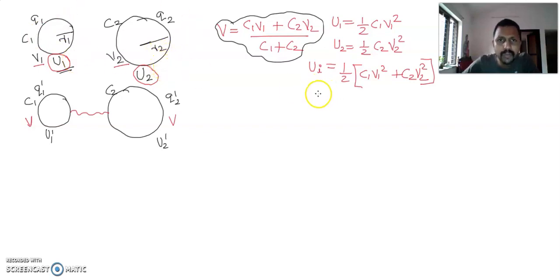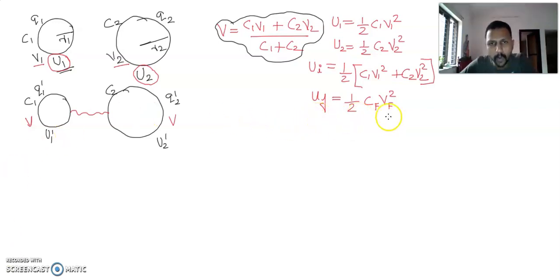Then can we find out the final potential energy? In order to find the final potential energy, it should be half into final capacitance into final potential square.